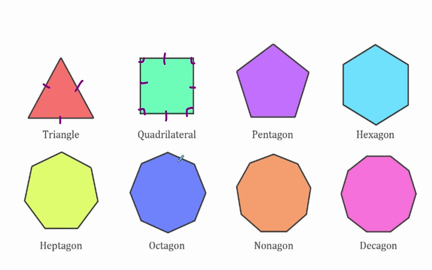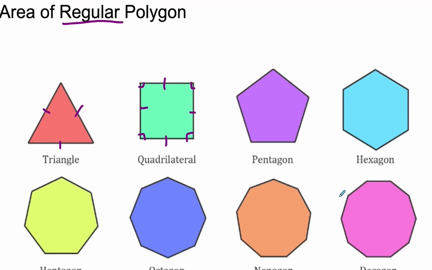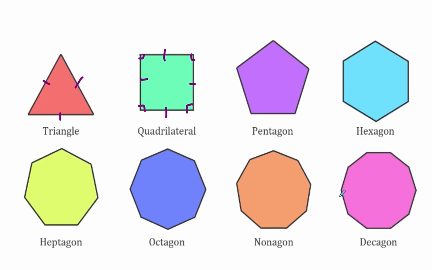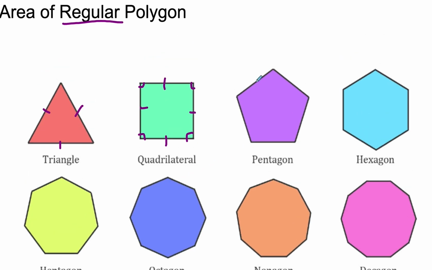Okay, 8 sides octagon, 9 sides nonagon, and so on and so on. Okay, 10 decagon, 12 dodecagon, and so on. So you can see all of these sides are congruent, right? Then we say it is a regular polygon. Otherwise, it's an irregular polygon. But anyways, if you are given a regular polygon, you can easily find the area.